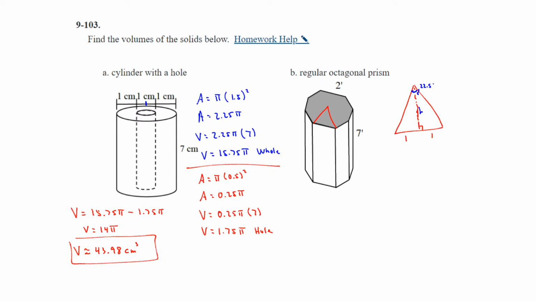And I'm looking for the height of the triangle, so I'm going to use the tangent ratio. So tangent of 22.5 degrees is equal to the opposite side over the adjacent side. And then we can multiply by h and then end up dividing 1 by tangent of 22.5 degrees.